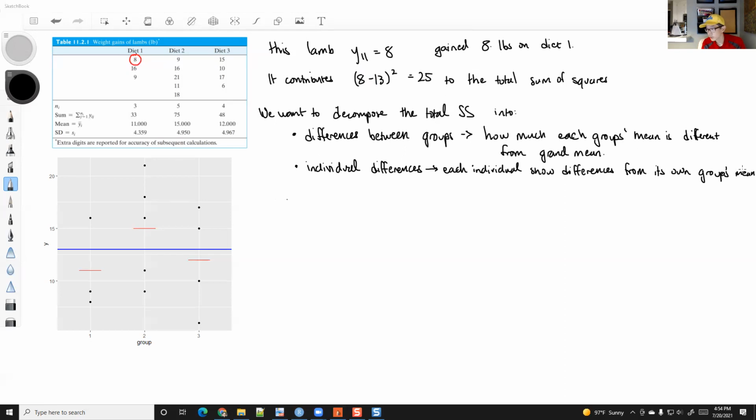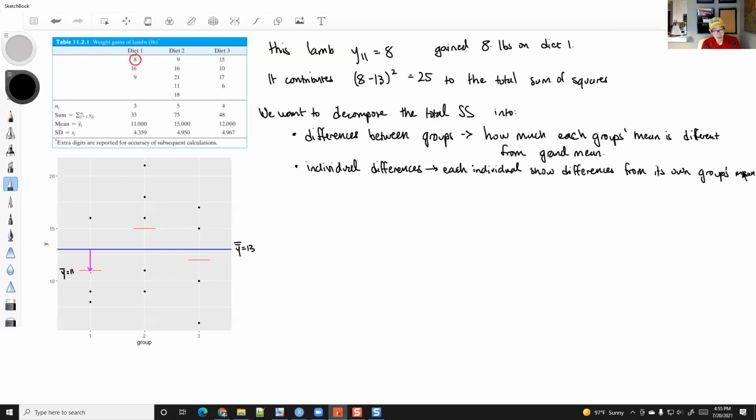Okay, so basically we're looking at this 8 and we say, all right, the grand mean is 13 and the group mean is 11, okay?